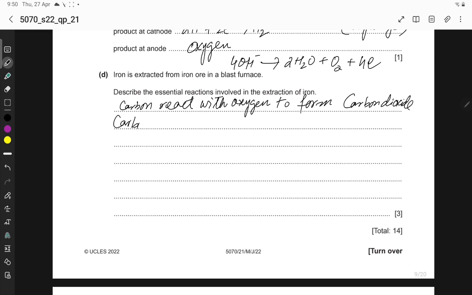Carbon dioxide reacts with more carbon to form carbon monoxide.